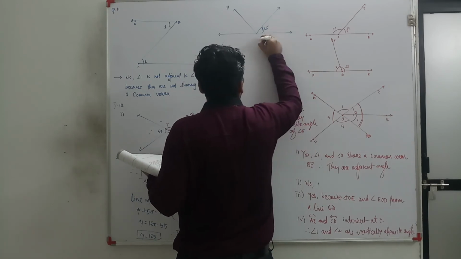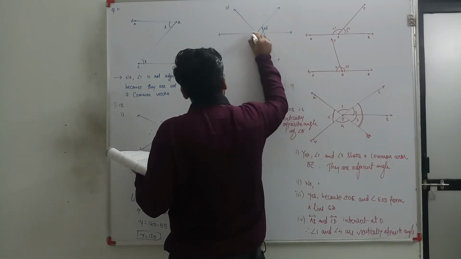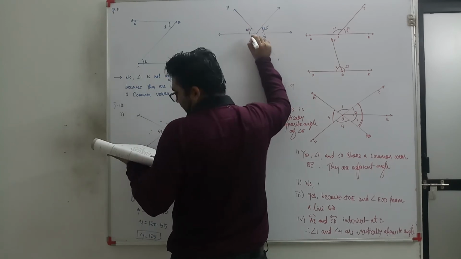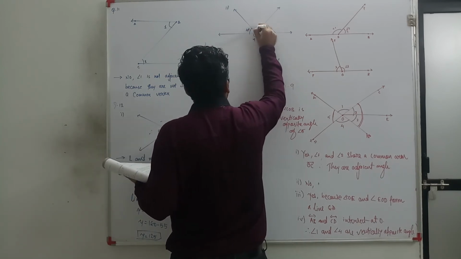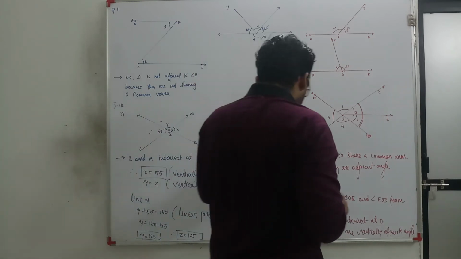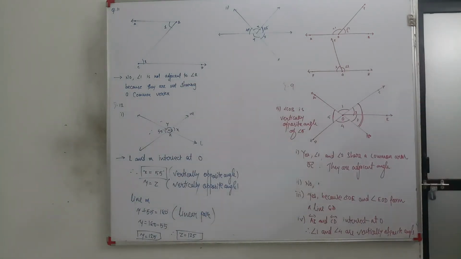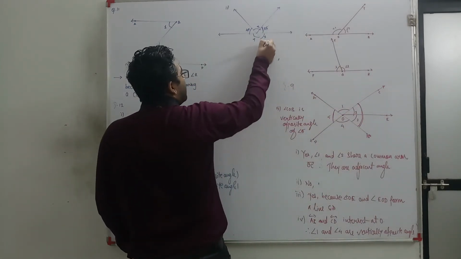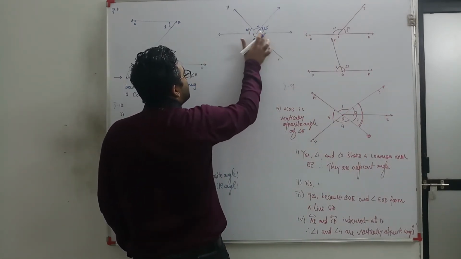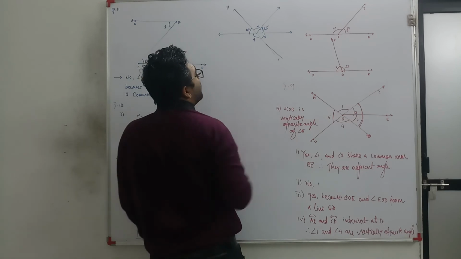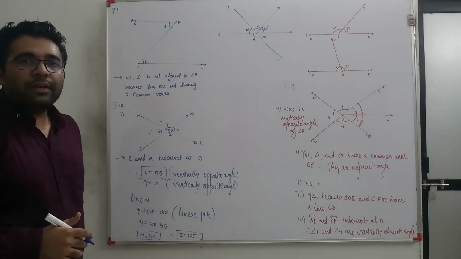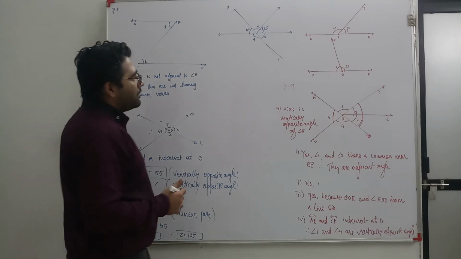This is z, this we can say is y, this is 40 degree, and this one is x. Now I need to find all the angles. When you observe these, you will find that these two are vertically opposite angles.